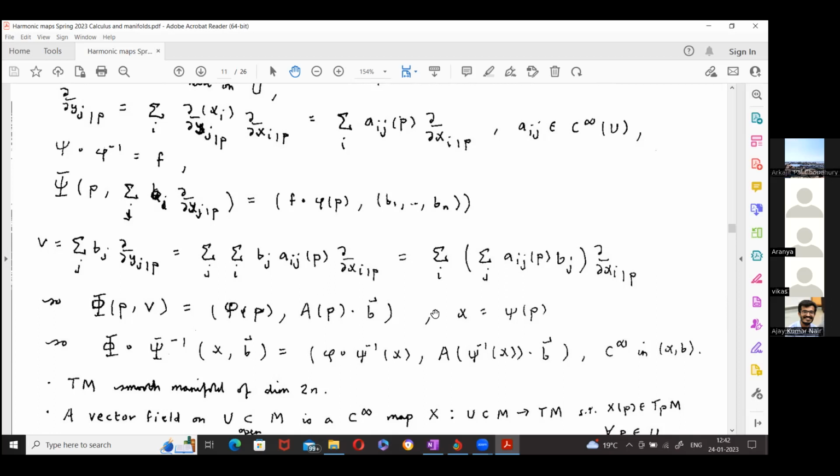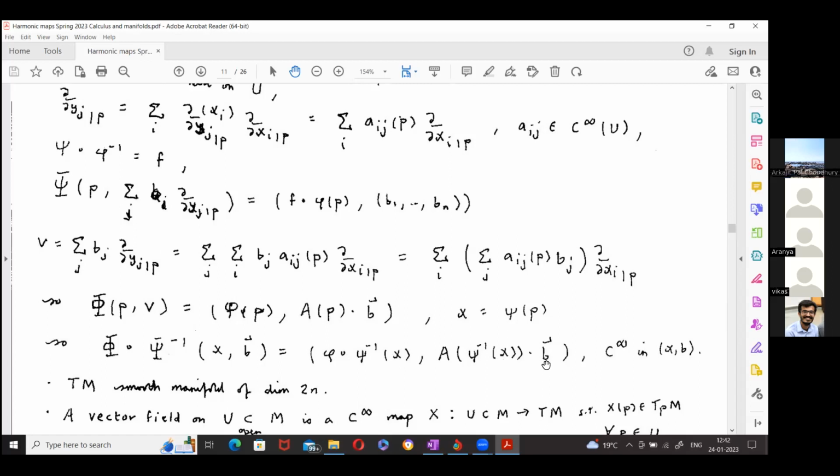So if I call x equal to psi of p, then what is psi inverse of x comma b? That is going to be my p comma v. And then capital Phi of p comma v is phi of p comma A(p) times b. So that's going to be phi of psi inverse x, since p is psi inverse x, comma A(psi inverse x) times b, right?